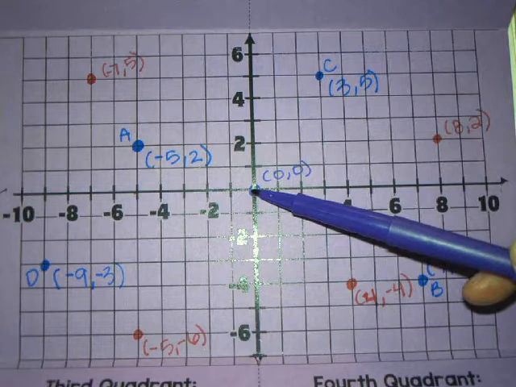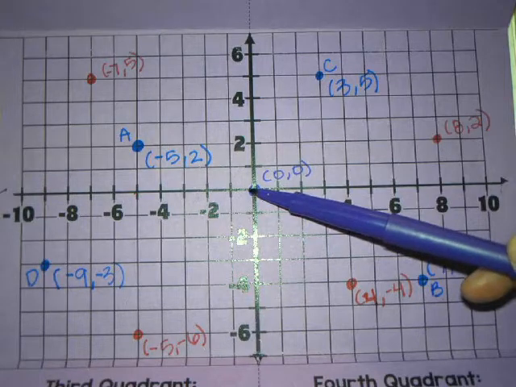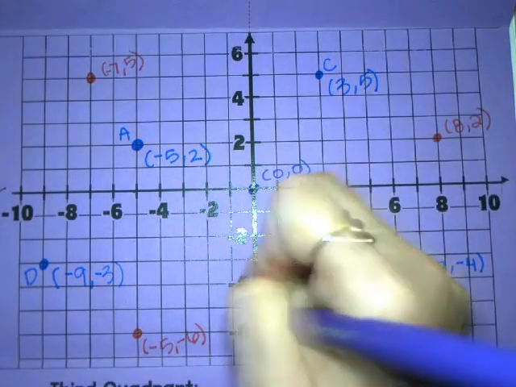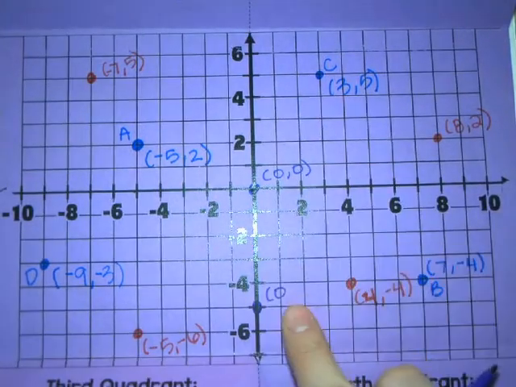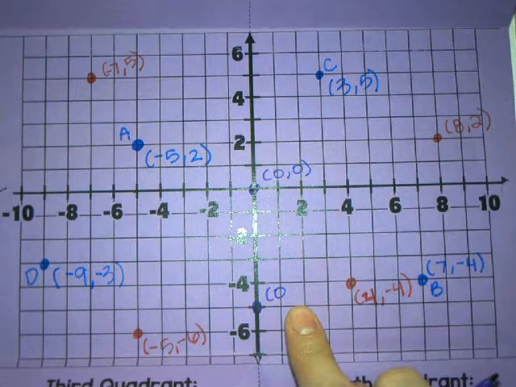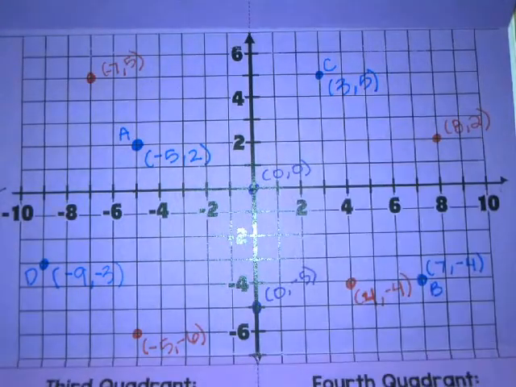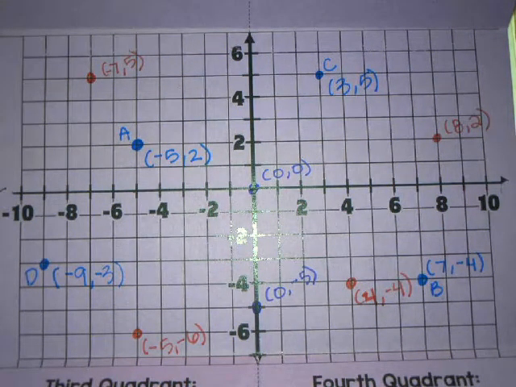So you told me -5, 0. So I want 0, -5. Oh, so then you would go down. There you go. So I just go down 5 because I'm not going anywhere on that x-axis. So that means I'm not going right or left, but just down 5 spots. Nice job, Eliana.